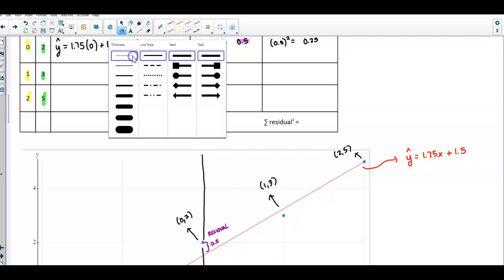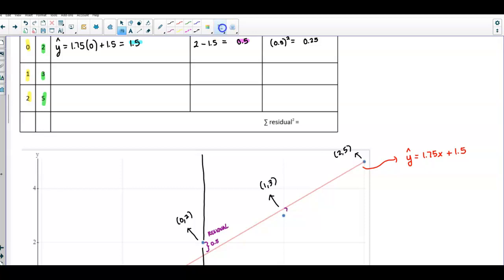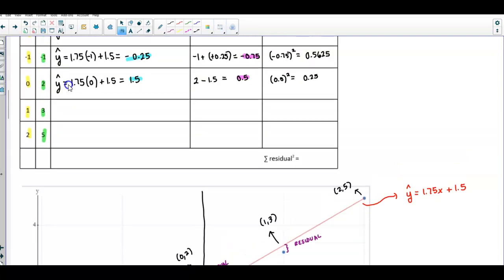Noticing that this point is below the line, the residual should be negative. So we know it's going to be negative because it's below the line, but let's go ahead and calculate. So we're going to take y hat, again using the equation 1.75, multiply that by 1 and then add 1.5.